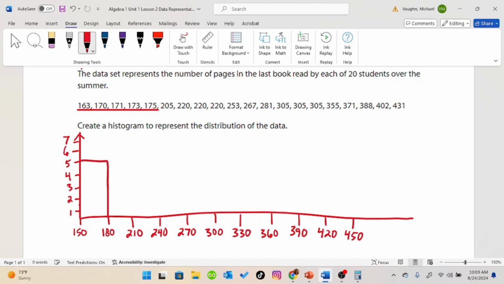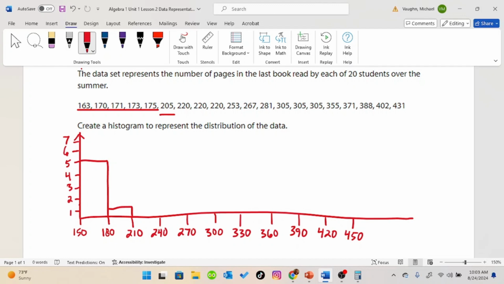And that's how tall this one's going to be. Next, we're looking at 180 until less than 210. Well, that only happens once. So this bar only goes up to 1.